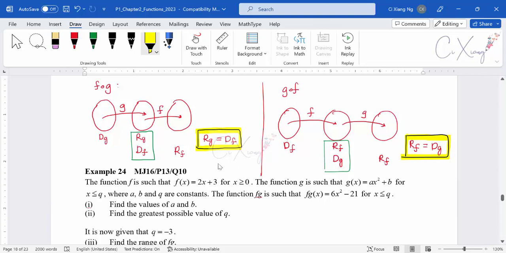So basically these are two important results that we need to know when they ask questions about the composite function related to domain and range. Usually, how the question will be asked, you can have a look at example 24.